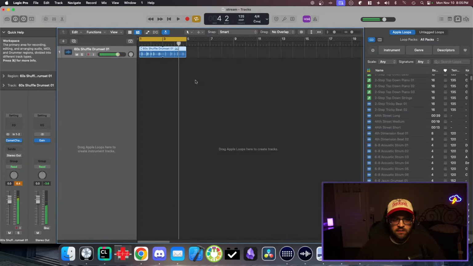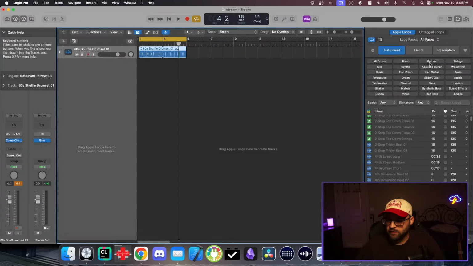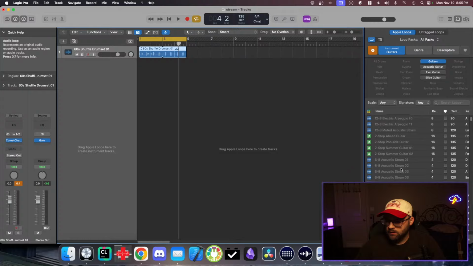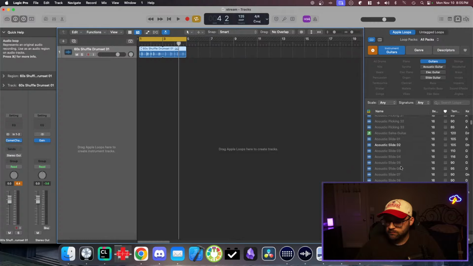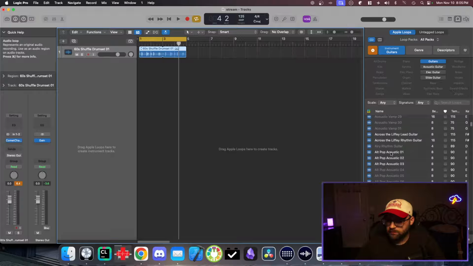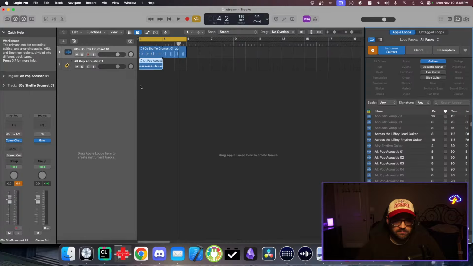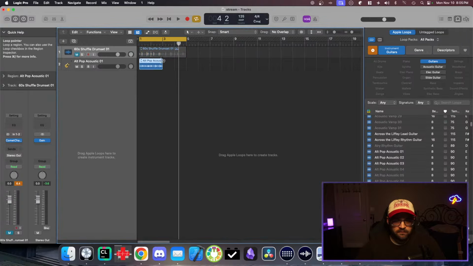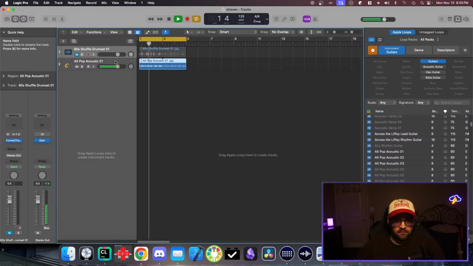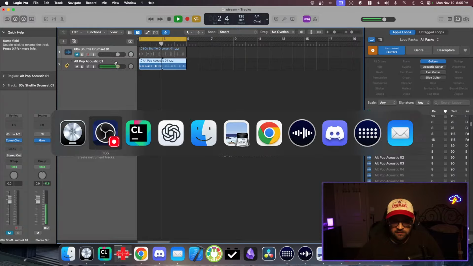Okay, so that's drums. I don't really have all the loops downloaded, like the Apple ones. So if I get like a guitar and I do like alt pop, yeah, sure. Let's do alt pop acoustic. Let's see, how's that look for y'all?